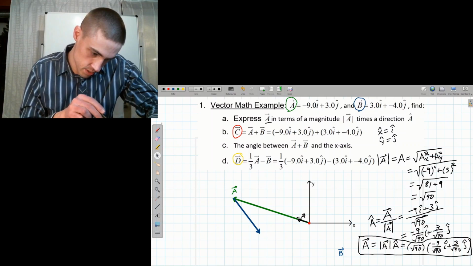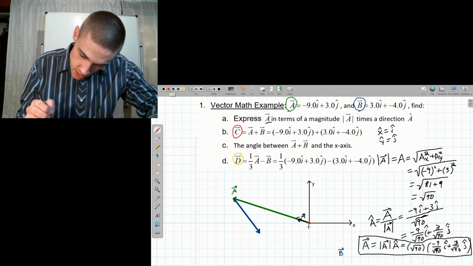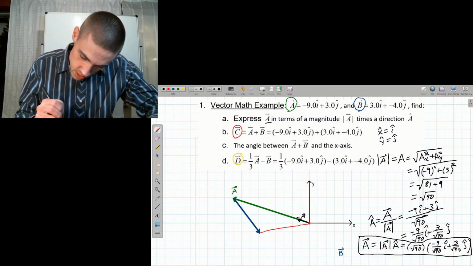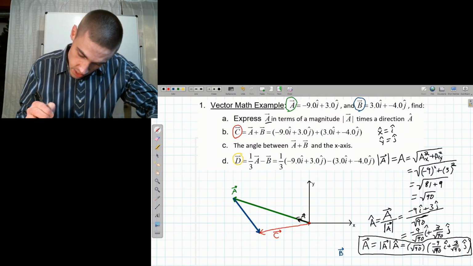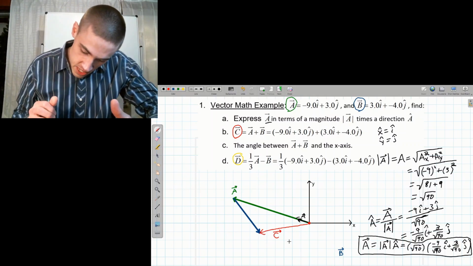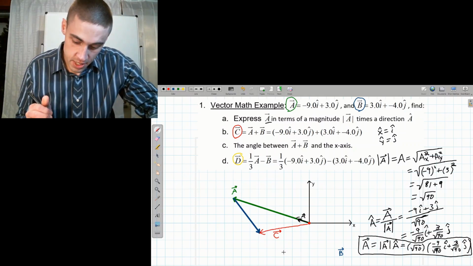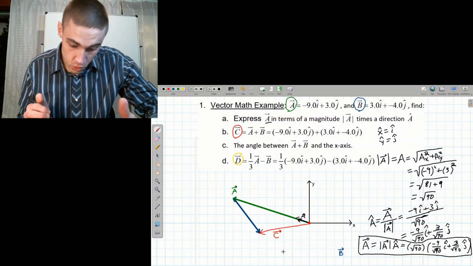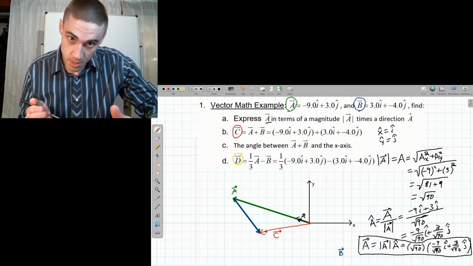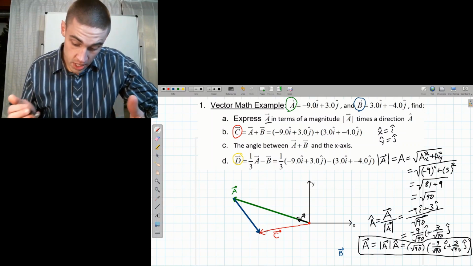So my resultant would be C, this vector that points from the tail of A up to the tip of B. This C here is called the resultant. It's what happens after you superimpose two different vectors on top of each other. So that's the graphical way of adding the two together.